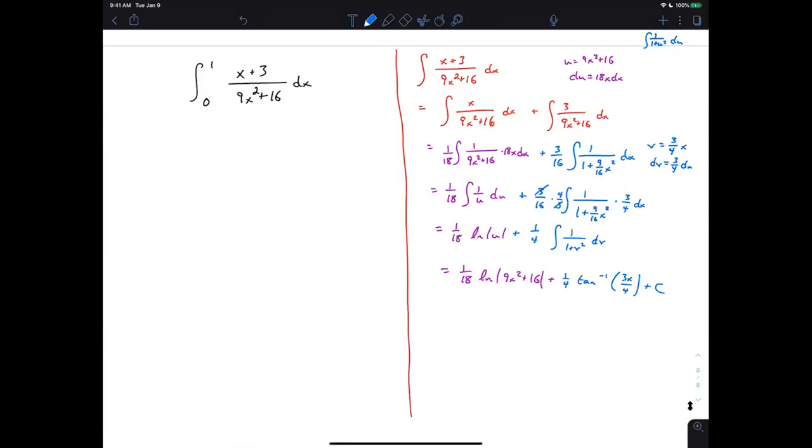Okay, and so now back over with the original problem, we've now got, okay, 1/18 log of the absolute value of 9x squared plus 16, plus 1/4 inverse tangent of 3x over 4, evaluated from 0 to 1. And so now you plug those in.